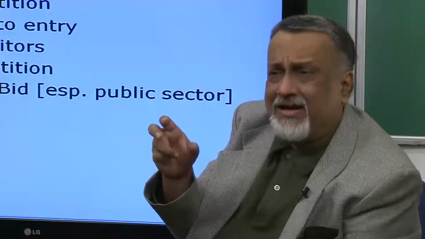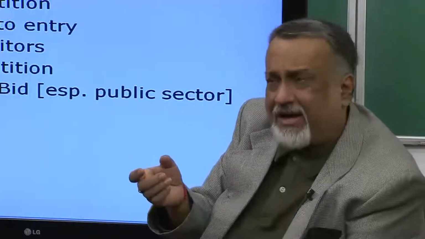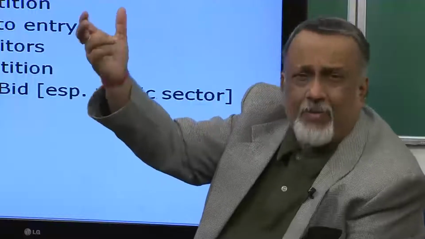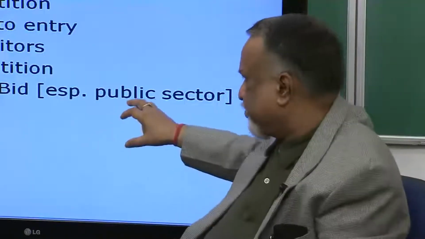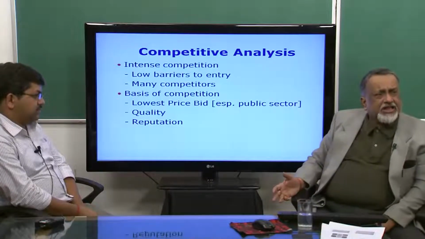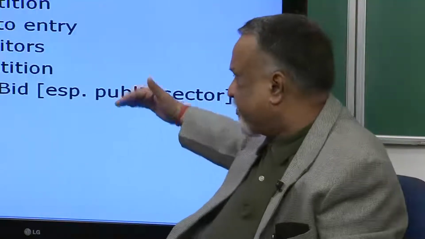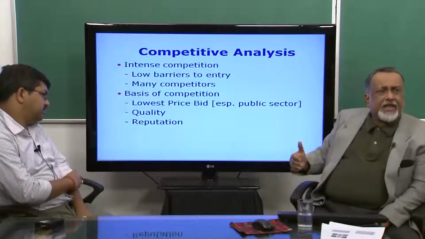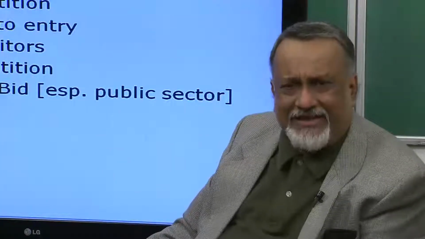So, L1 T1 may not be true in every case, but you cannot be L1 and T5, because according to the rules of computation of the price bids or commercial evaluation, you will lose out. Often there is a two-stage process where they first rank all the people technically.